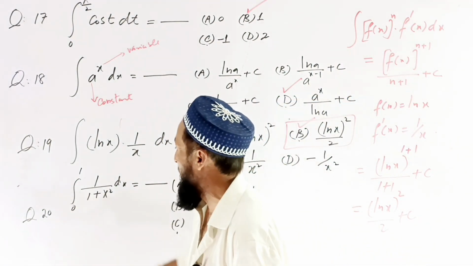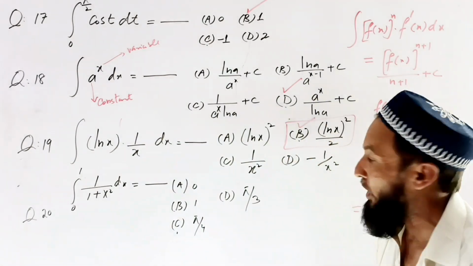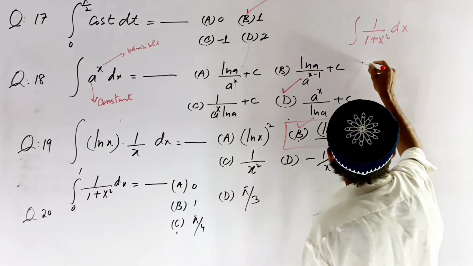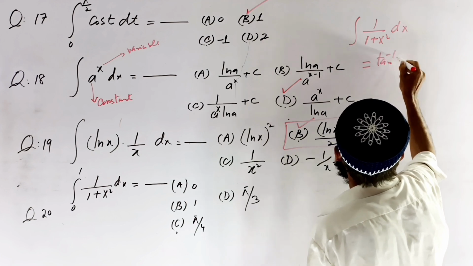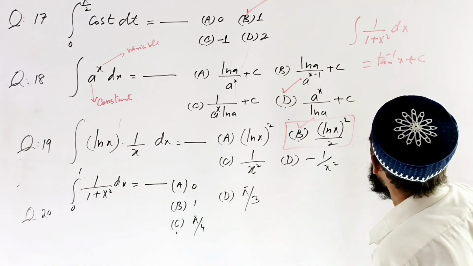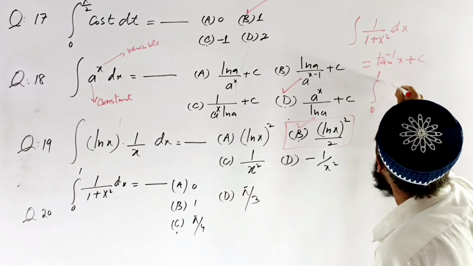Similarly, question number 20, integration from 0 up to 1 of 1 divided by 1 plus x square dx. We know that the integral is tangent inverse x plus c. But here the definite integral limits are given, so we can apply the same formula.